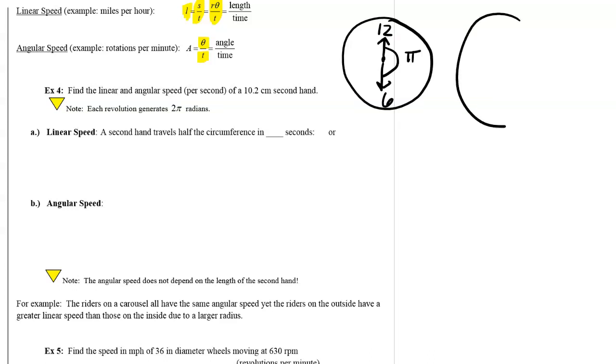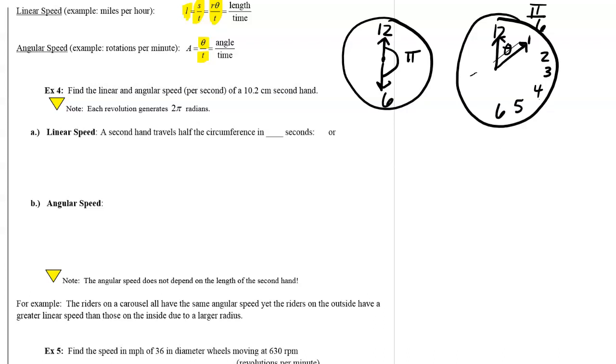Now, if I were measuring from, let's say, 12 o'clock to 1 o'clock, this angle theta, well, we have 1, 2, 3, 4, 5, 6. So if we were looking at theta in terms of the clock, then you can see this would be pi over 6, 2 pi over 6, 3 pi over 6, 4 pi over 6, 5 pi over 6, 6 pi over 6. So that angle there would simply be pi over 6.